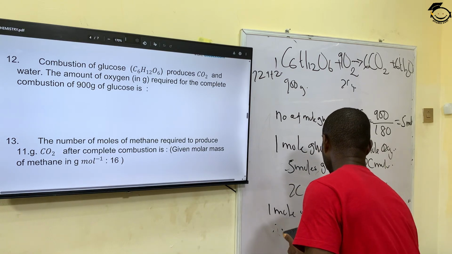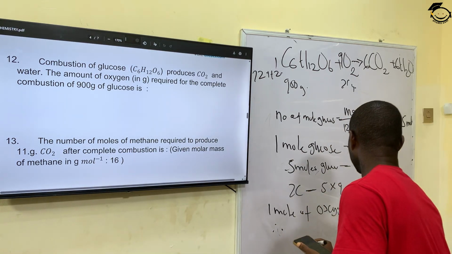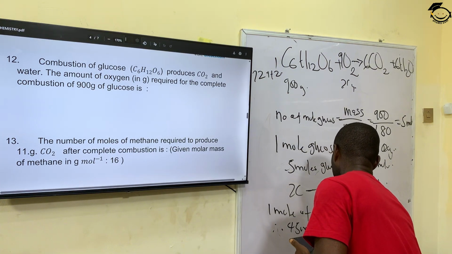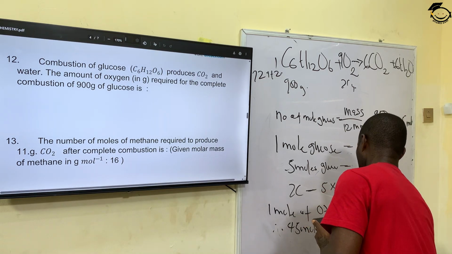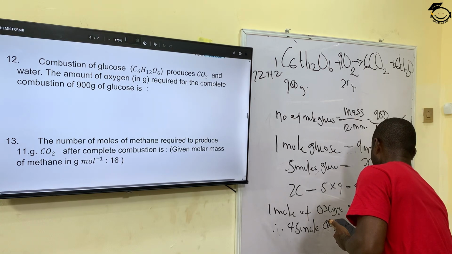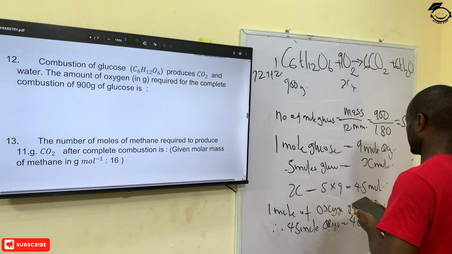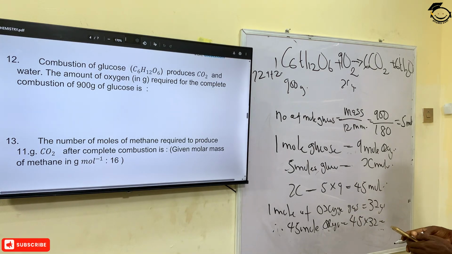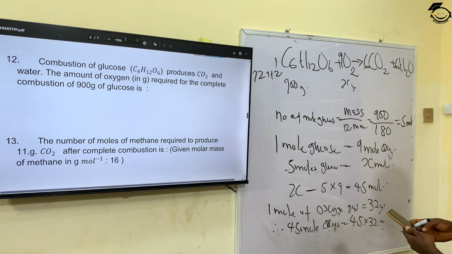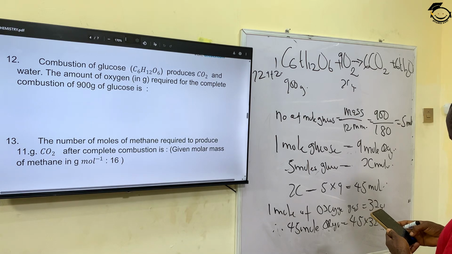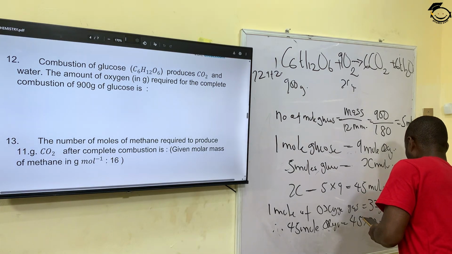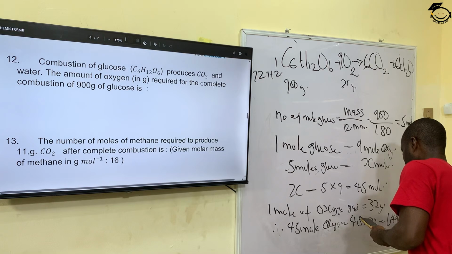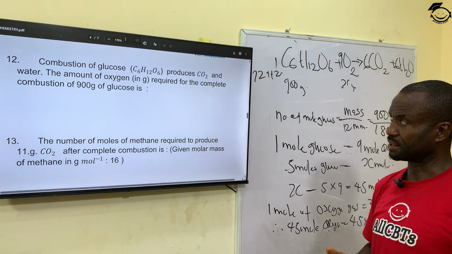Therefore, 45 mole oxygen will give us 45 times 32, which will give us 1,440 grams. 1,440 grams. Answer. Correct answer.